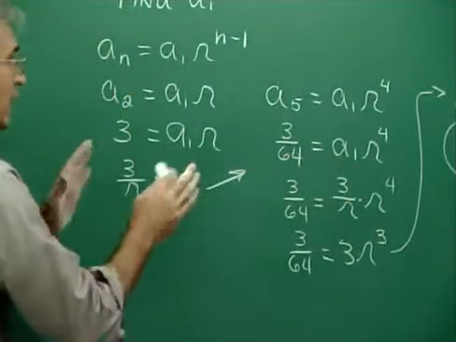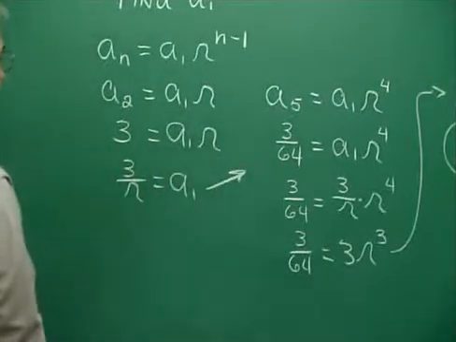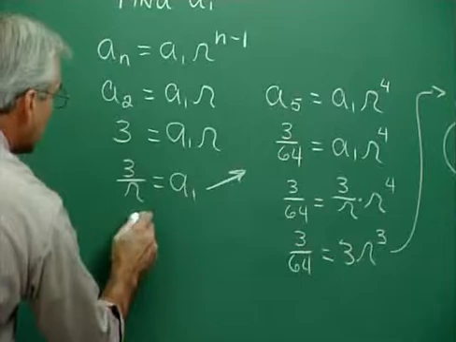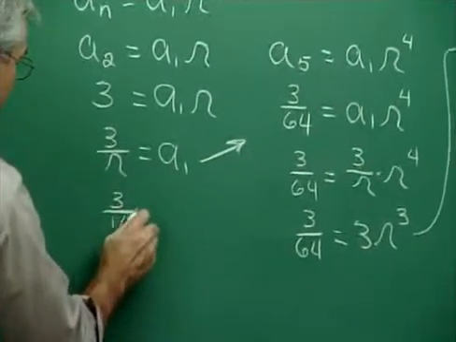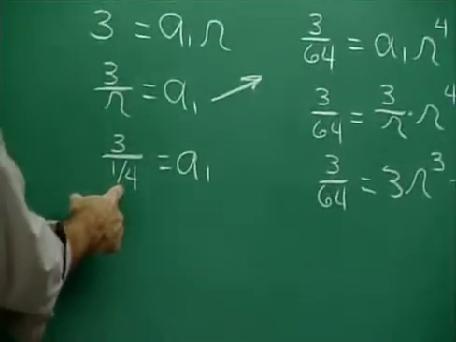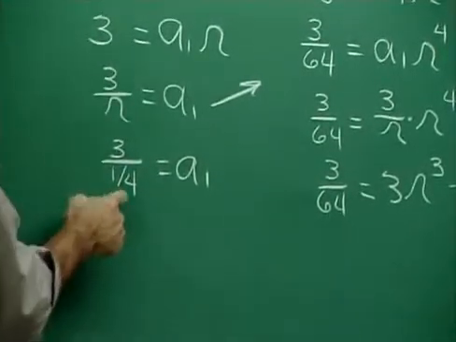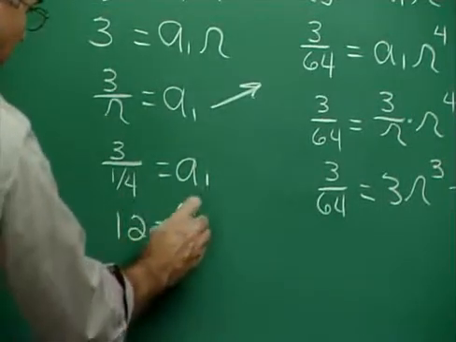But at any rate, I just plug that back into some form that has both variables in it. And this is pretty easy to plug into. This is 3 over, r was 1/4. Now, 3 divided by 1/4 is 3 times 4 over 1. That's 12. So a sub 1 is 12.